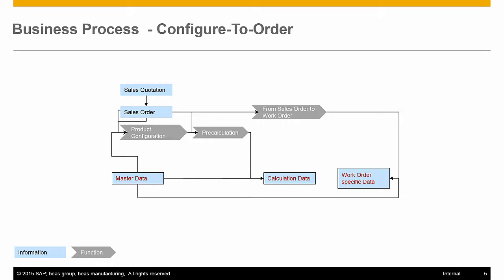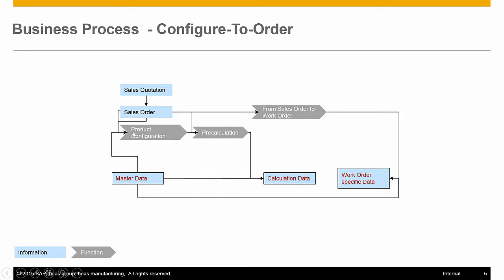Once we have the product configurator, we can directly create a work order. Of course, considering all the selections and the variants defined, or if we need to do additional modifications that are out of the range of the variants, so this is kind of engineered-to-order process as well.